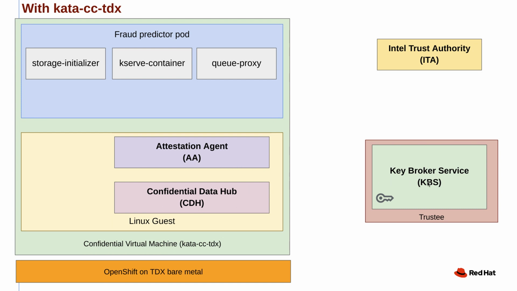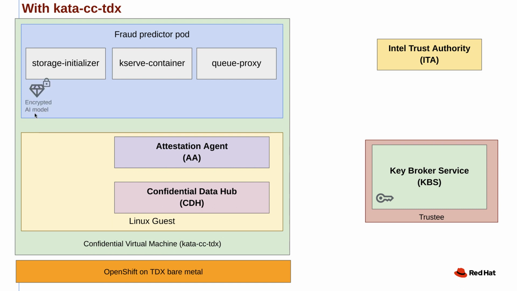The KBS is a server that facilitates the remote attestation and secret delivery. The ITA verifies the evidence and sends the attestation token to the KBS.